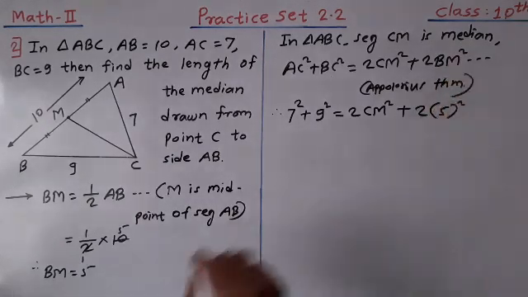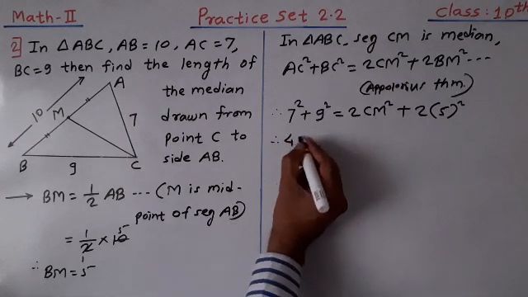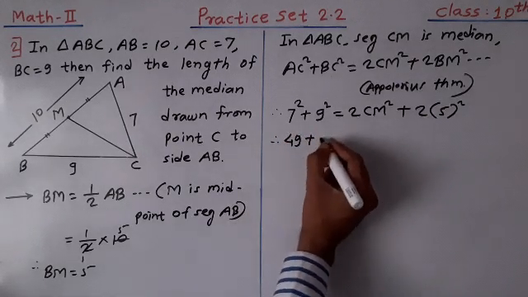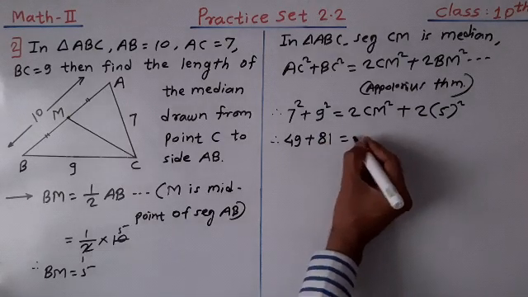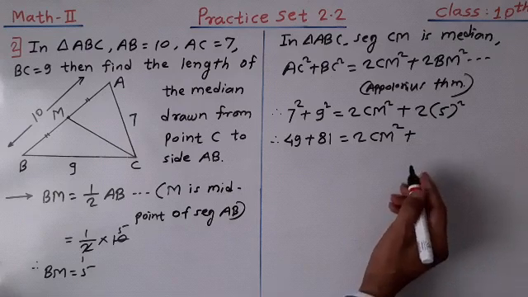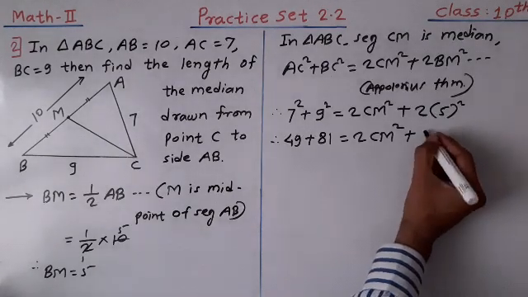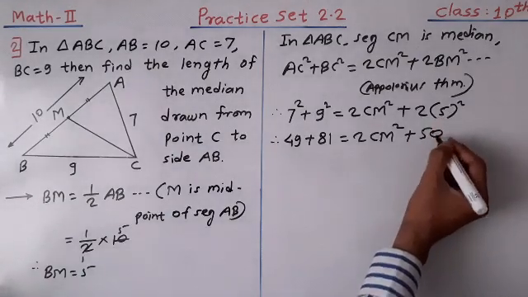Here we have put the value. Now square of 7 is 49 plus square of 9 is 81 is equal to 2CM square as it is, plus square of 5 is 25 and 25 into 2 becomes 50.